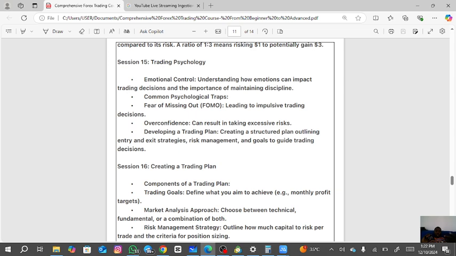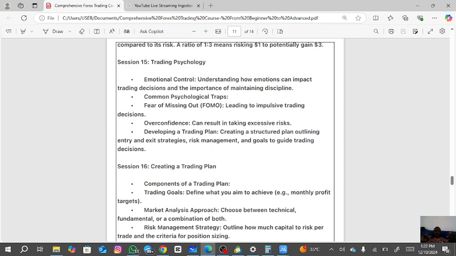Common psychological traps: fear of missing out, which is FOMO, leading to impulsive trading. Those are the things that can affect you emotionally while trading, right?